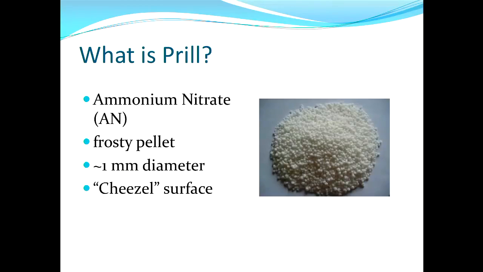And I don't know if you've ever eaten a cheesel, you'll appreciate how it sort of draws in fluids. And what prill does is draw in the fuel oil into close proximity with the ammonium nitrate and gives it the explosive effectiveness. That's the sort of sizzle on the sausage that Orica use to sell their prill, their ammonium nitrate, ahead of that of other competitors.